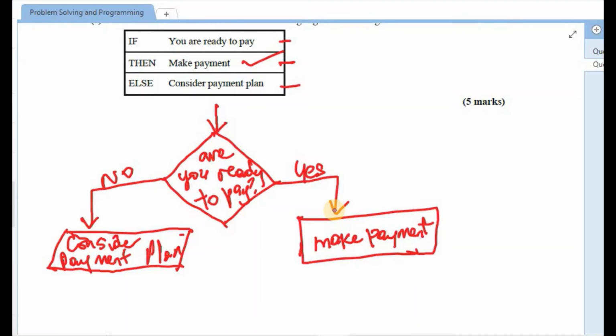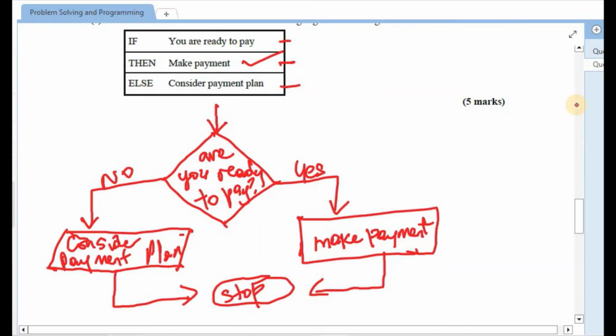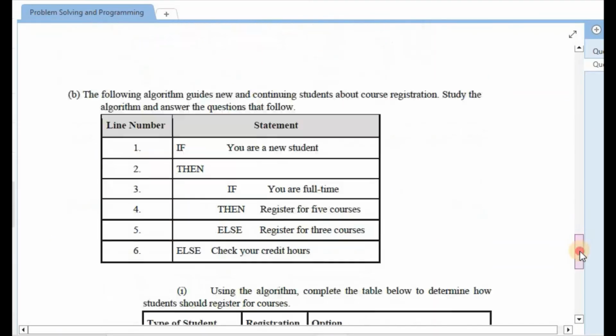All right, finally we would have our stop. So both of these come to a stop after those instructions are given. All right, and that would have been our flowchart.